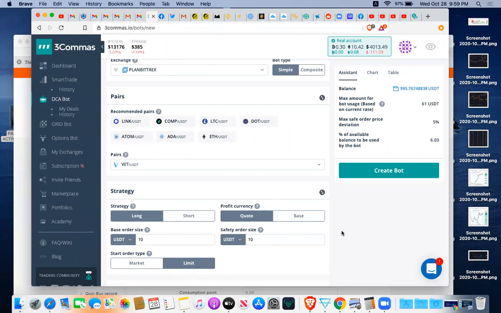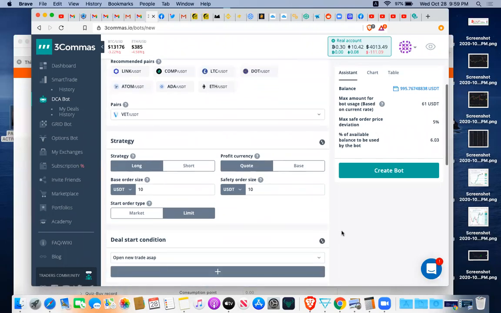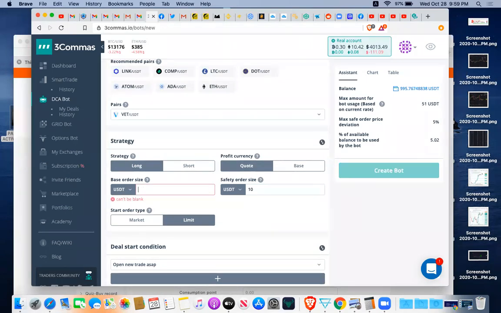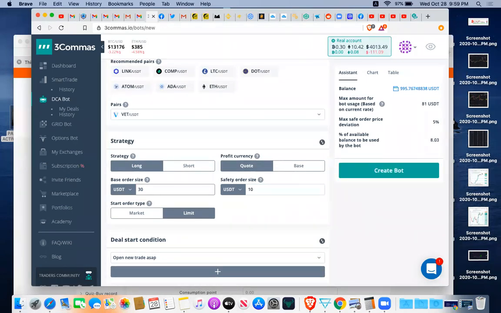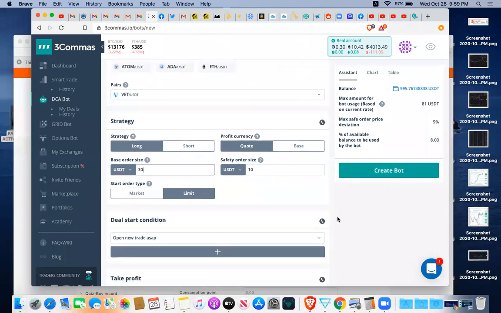So as much as I'm going long on VET, I'm going to put $30 as my first order to be bought.